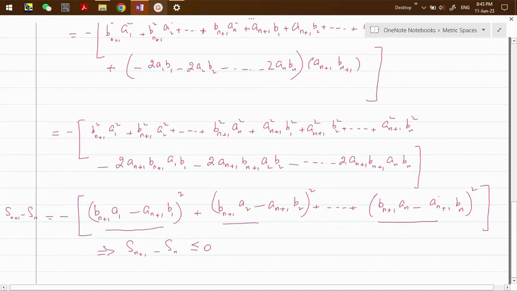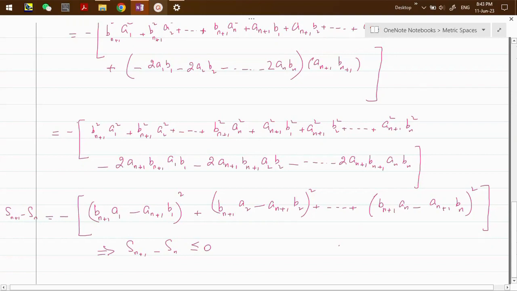And when their squares are positive and we add all these squares, we get Sn plus 1 minus Sn as a negative term due to the negative sign. So there are two possibilities, whether Sn plus 1 minus Sn is equal to 0 or it is less than 0.